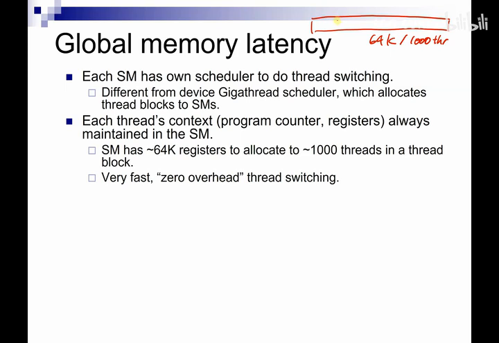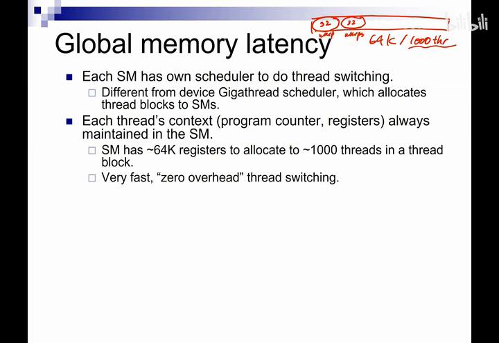Now we're going to group these threads into these things called warps. I'll talk more about this later. But basically a warp is going to have something like 32 threads in it. So we're going to have many warps. In fact, if you have 1,000 threads, we're going to end up with about 32 warps.